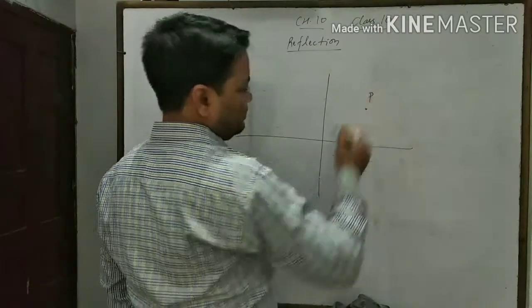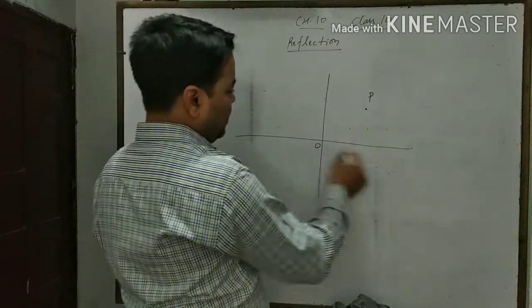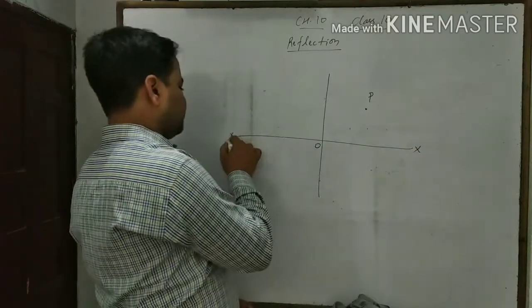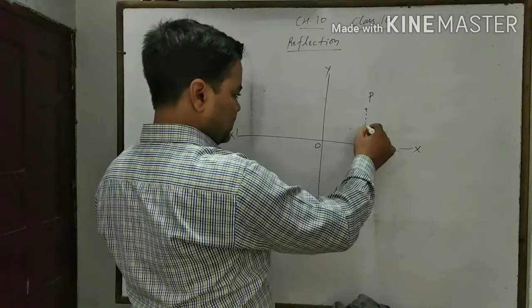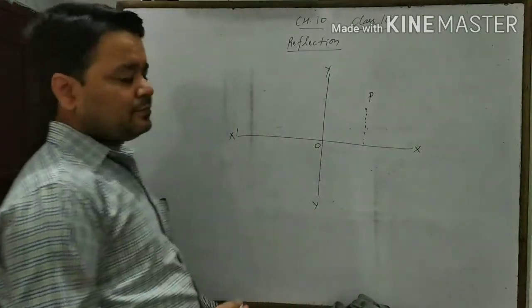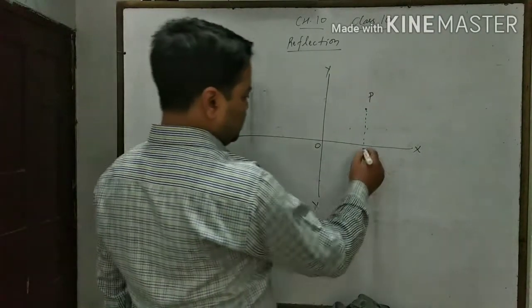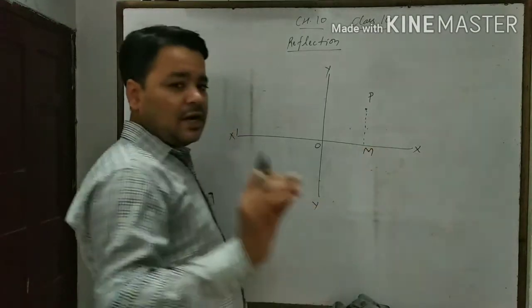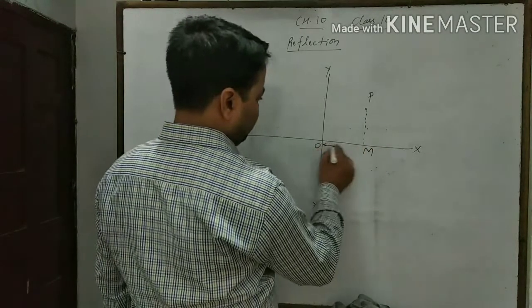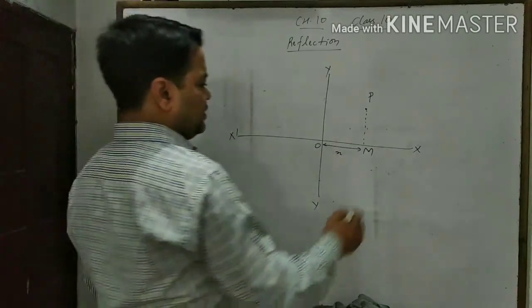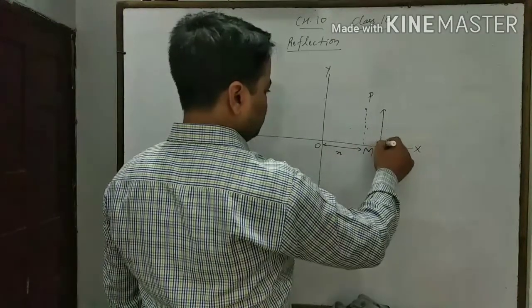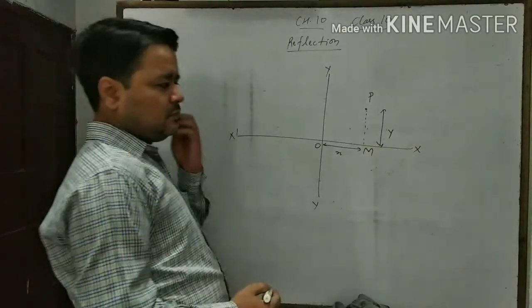Let that point be P. Here O, X', X, Y'. Let this be PM, and the distance from O to M is x, and P to M is y.